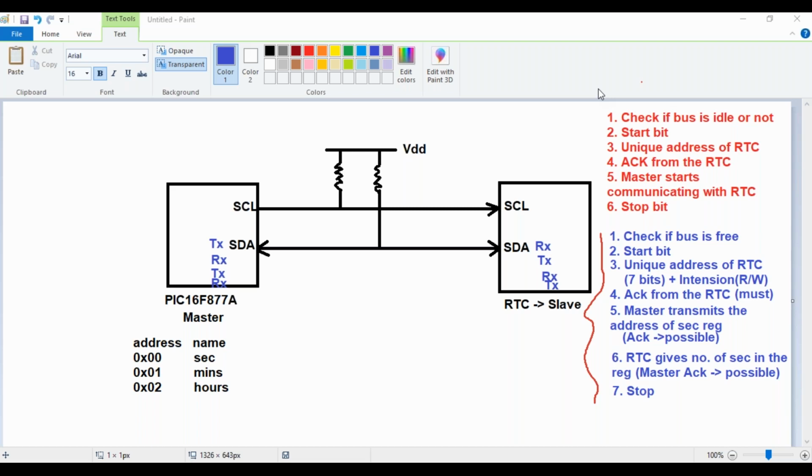It is a single data line, so only two can communicate at the same time: one master and one slave. If a master and a slave are already using that data line, obviously all other devices in the network should be silent. They cannot communicate as the data line is already occupied.